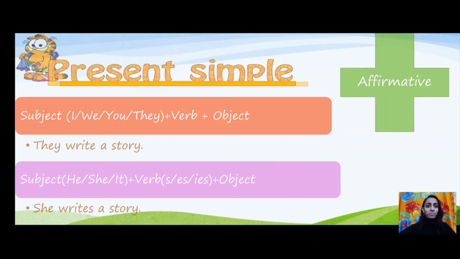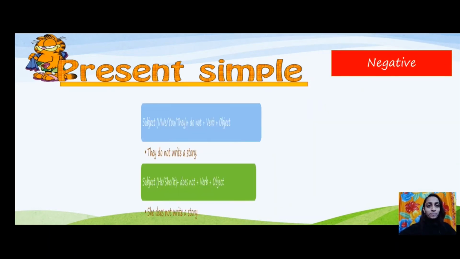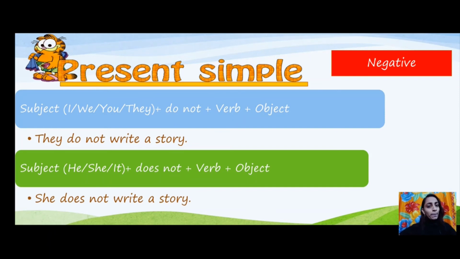Yes, beautiful. Now let us learn how to frame negative sentences in simple present tense. Now let us see the structures. Again, depending upon the subject, we have two structures.